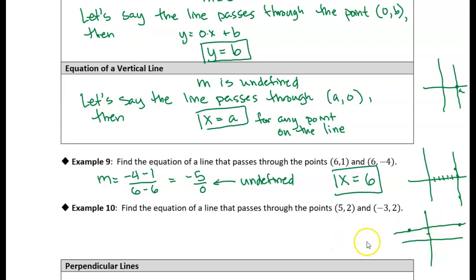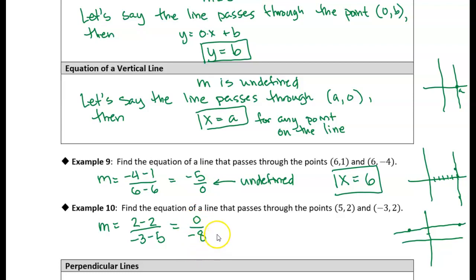But again, if you don't graph it and you don't notice that the y-coordinates are the same, you would normally just say, okay, let's calculate the slope between those 2 points, right? You would take the difference in the y values and the difference in the x values, and you'd find out that you have 0 over -8.